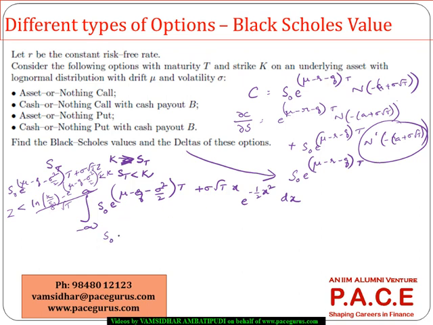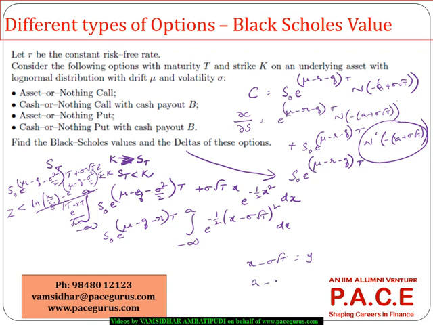So basically it is coming out as S naught into e. So I can even take e power minus rt by square root of 2 pi. So it comes out as S naught into e power mu minus q minus r times t, and this is directly becoming integration between minus infinity to a of e power minus half x minus sigma root t whole square dx. So again I am taking x minus sigma root t as y.